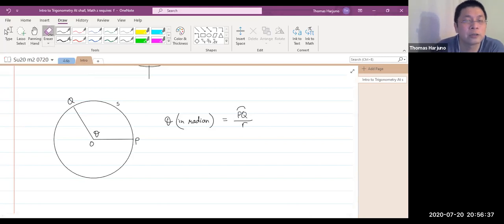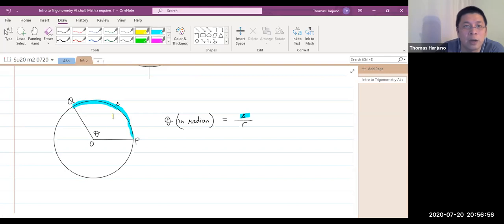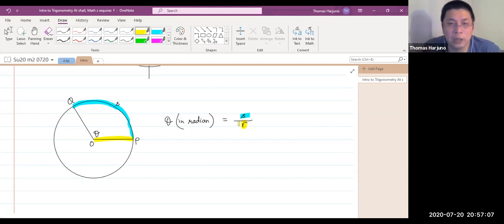Let me change that. The length S. So if this is the arc length formed by central angle theta divided by the radius, that ratio is theta in radian.